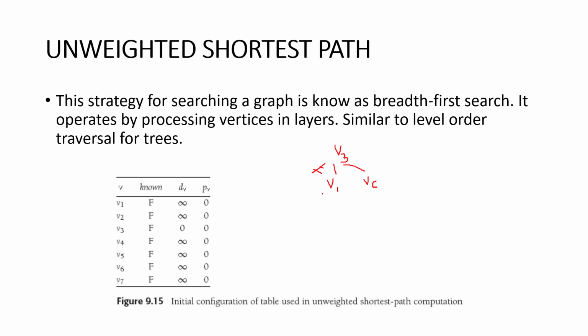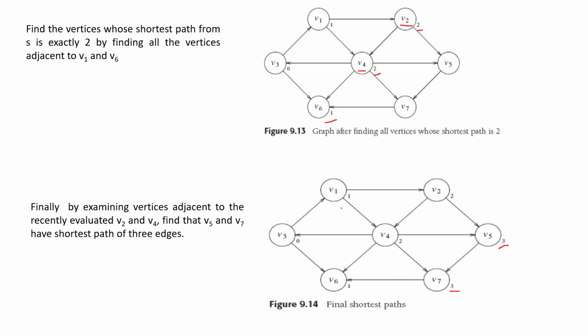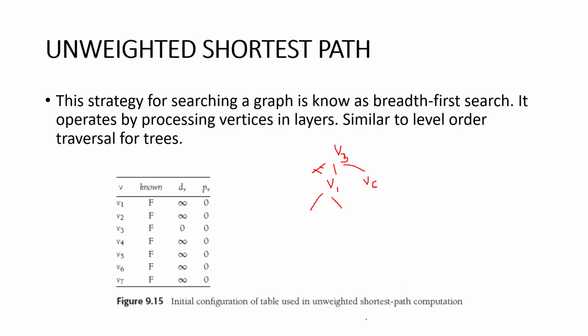Okay, so in the next level, the other nodes we can traverse from V1 are V4 and V2. So every time, if you see how we are traversing these vertices, it is really in a breadth first search manner, and we are traversing layer by layer.